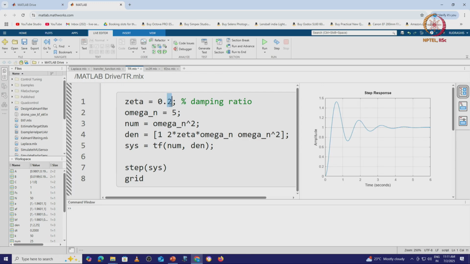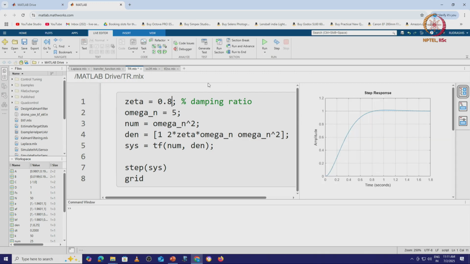Now previously zeta was 0.4, and we make it 0.8. How does it change? You see, now the peak overshoot has significantly reduced, maybe nearly 1% or something like this.